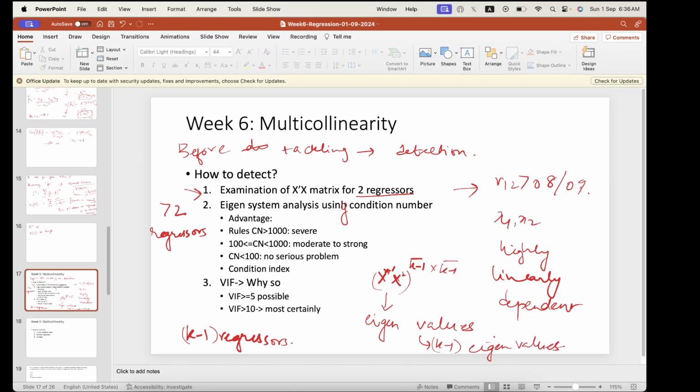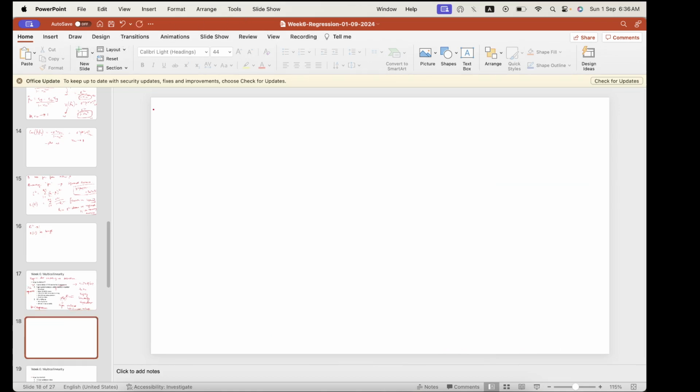So we will have lambda 1 to lambda k minus 1 as our eigenvalues.